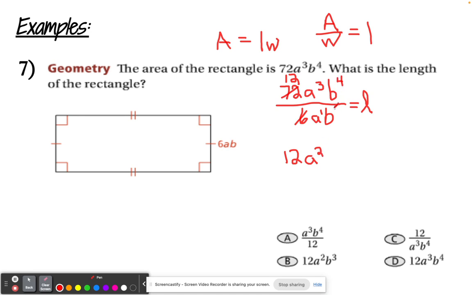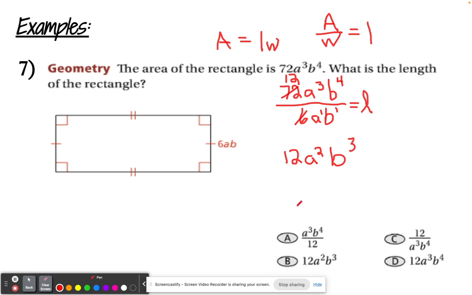B to the fourth in my numerator, b to the first on the bottom. 4 minus 1 is 3, so b to the third power. So 12a to the second power b to the third. There would be a 1 on the bottom, but since you're dividing by 1, you don't need to write it.